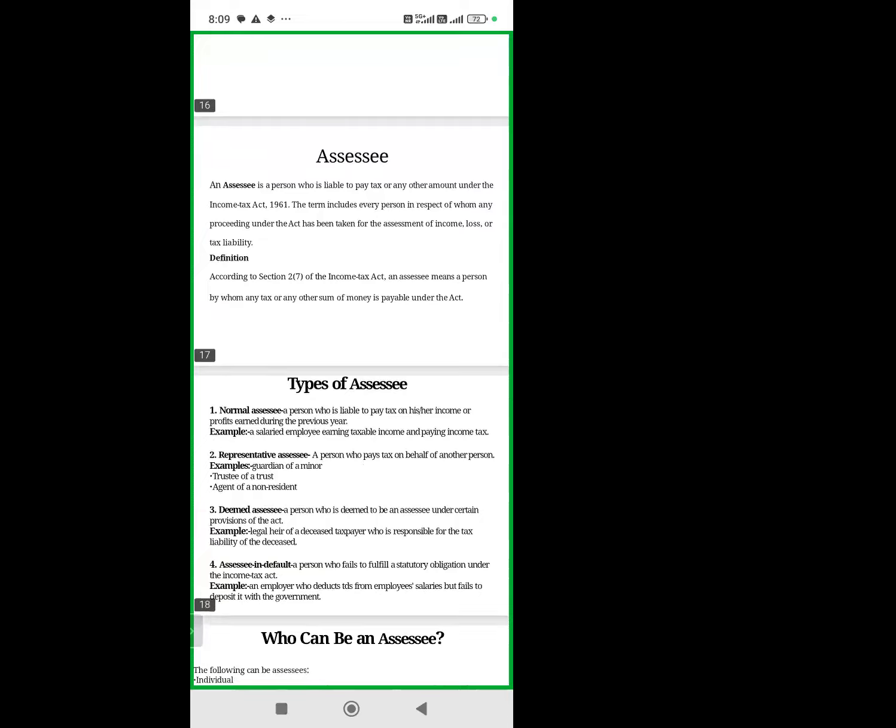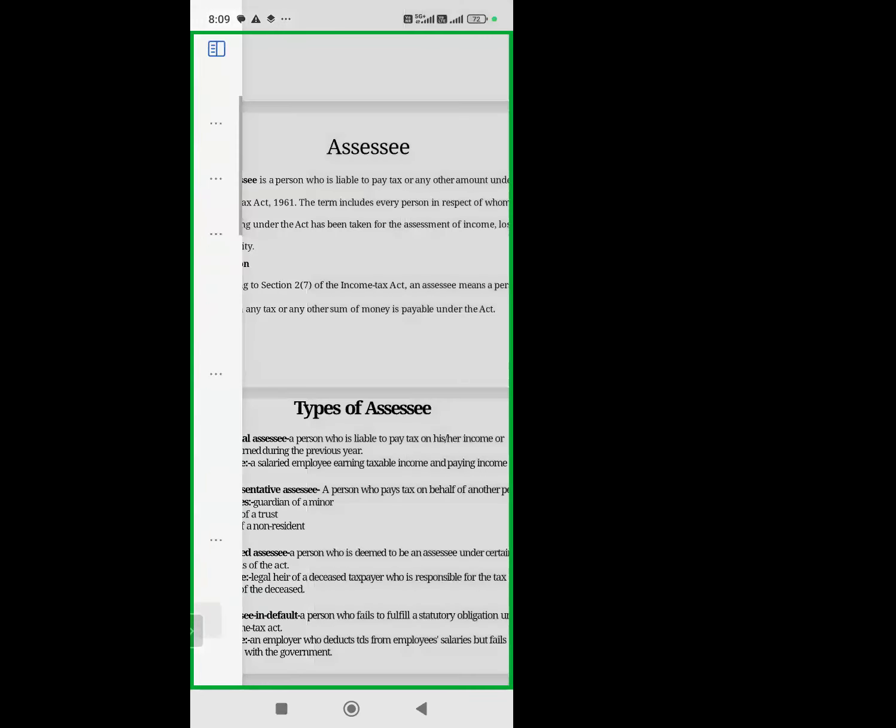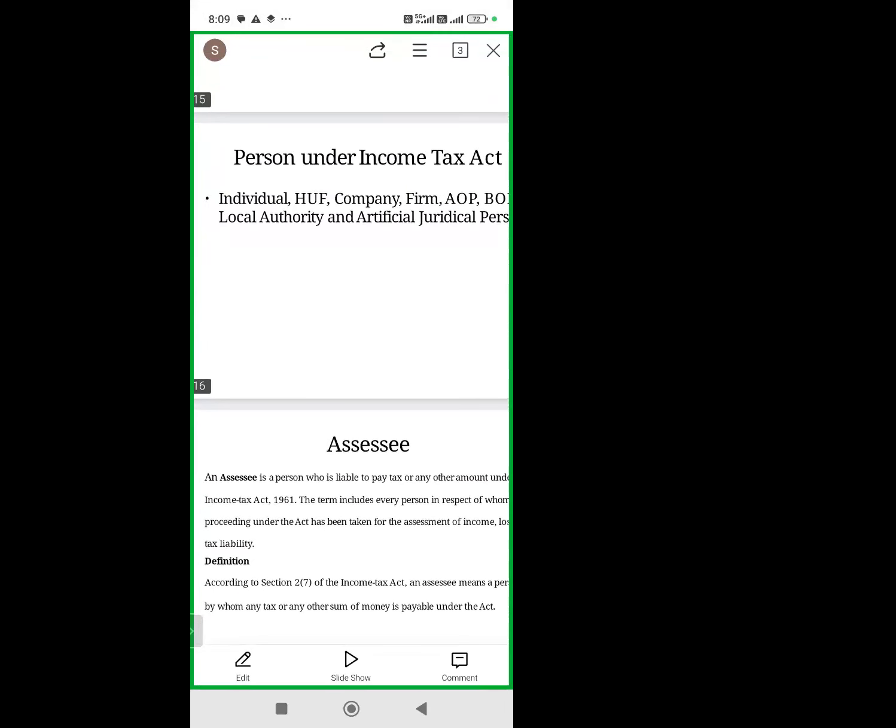Then the definition of person. According to section 2 of the Income Tax Act, a person is defined as an individual, association of individuals, group of individuals, joint ventures, joint stock company, Hindu undivided family, business, local authorities, any organization which is registered under the Charitable Trust Act, or we can say artificial juridical person.